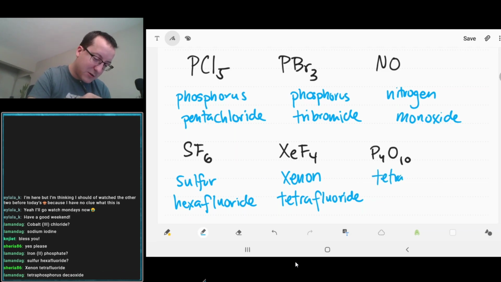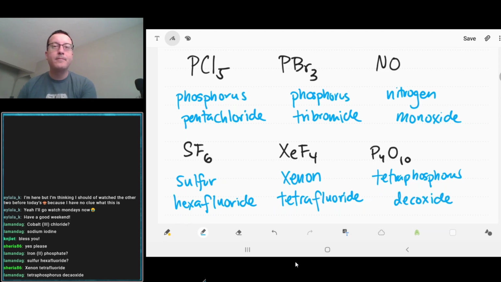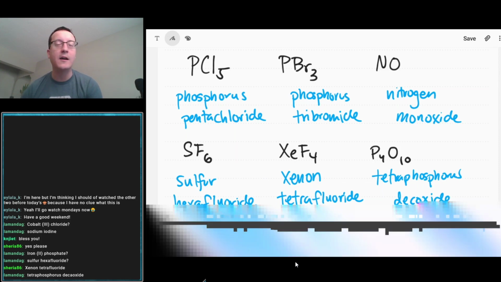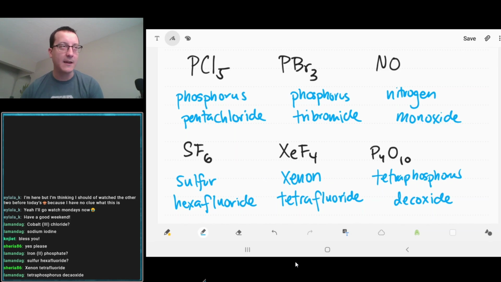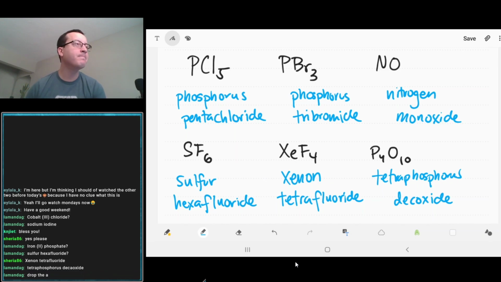This one would be tetraphosphorus decoxide. Beautiful. One thing, Lamonda, we're going to drop that A before oxide. So decoxide. Yep. Perfect. Yep. Very nice.